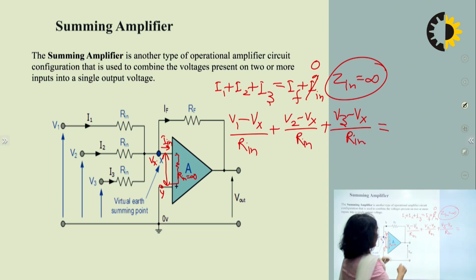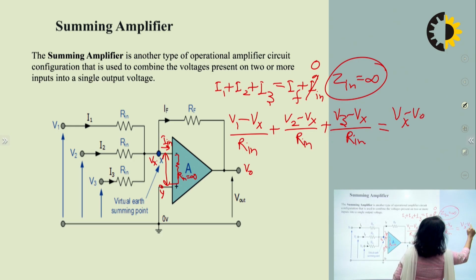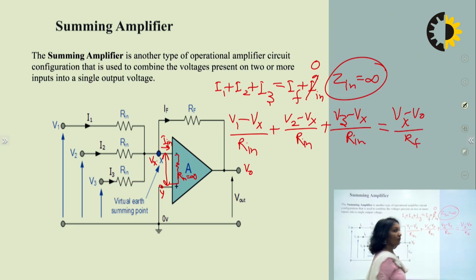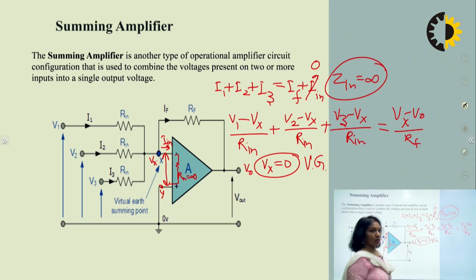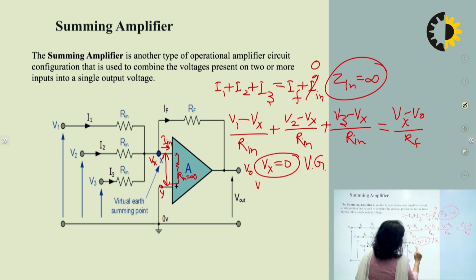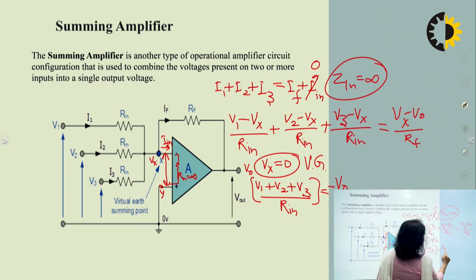IF means Vx minus V0 divided by RF. Here Vx will be equal to 0 because of virtual ground. So the equation will be reduced to V1 plus V2 plus V3 divided by R input, that is equal to minus V0 divided by RF.